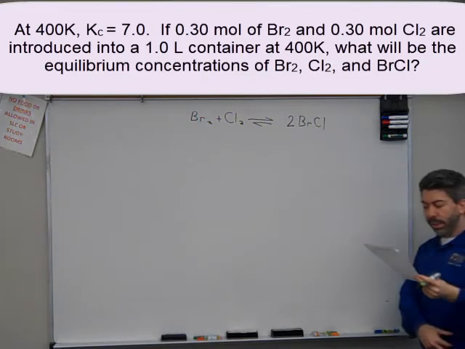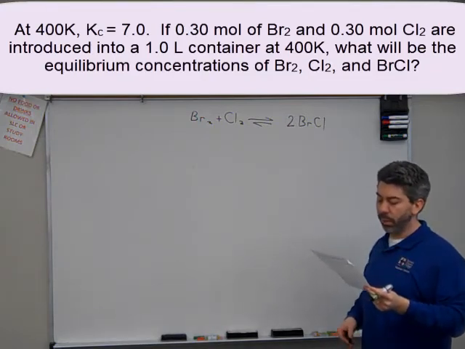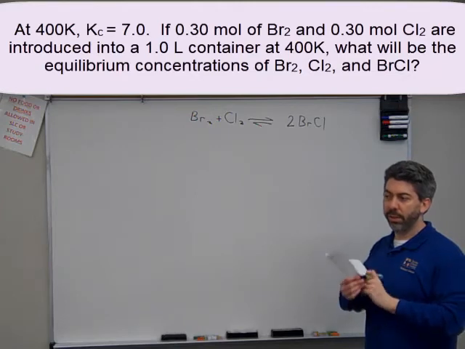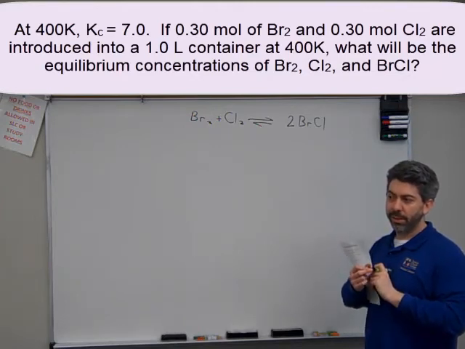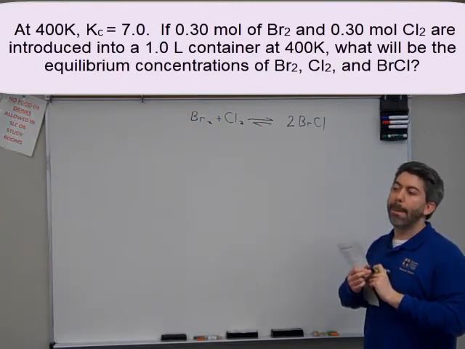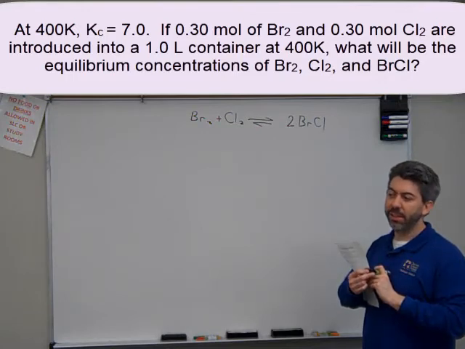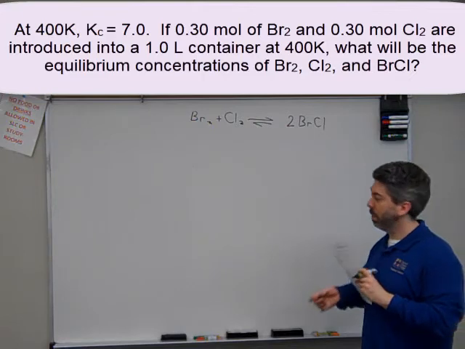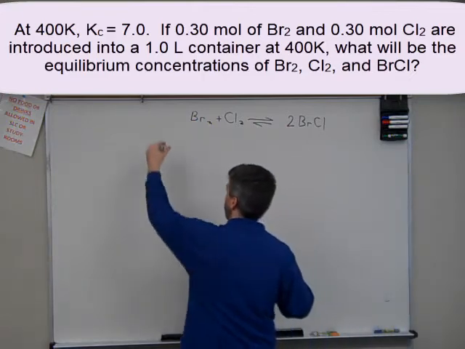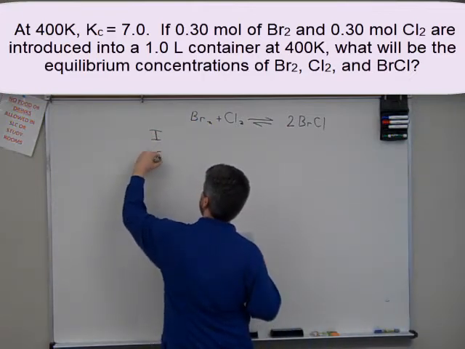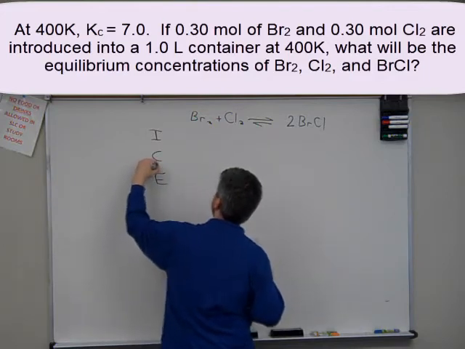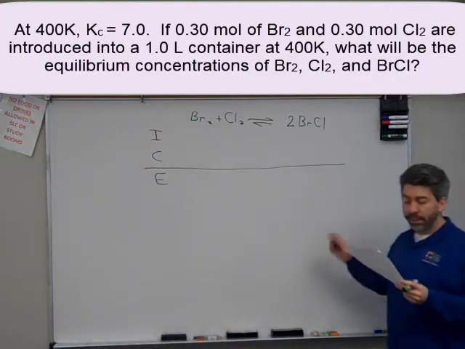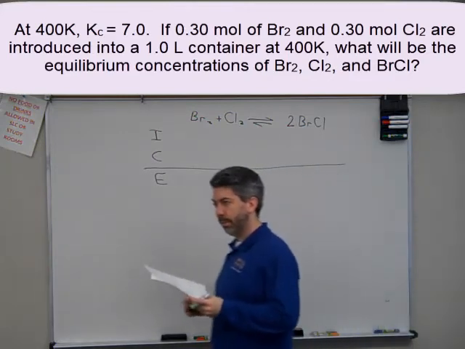Now, once again, we know we have to use an ICE chart because why? How do we know? You're given an initial and you're asked to solve for the equilibrium. So an ICE chart is appropriate. Can an ICE chart use moles?